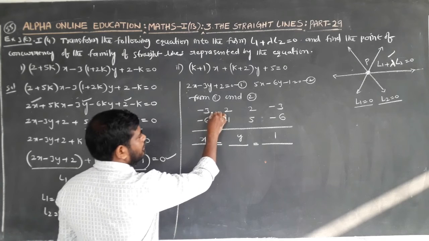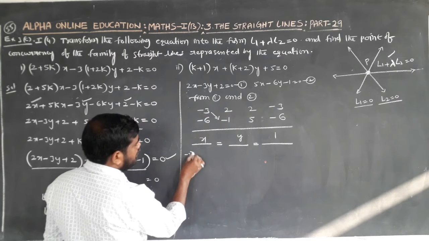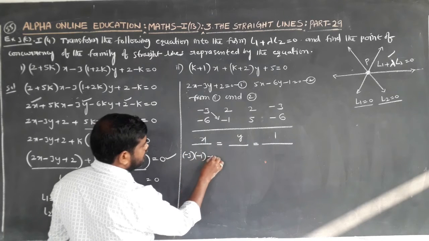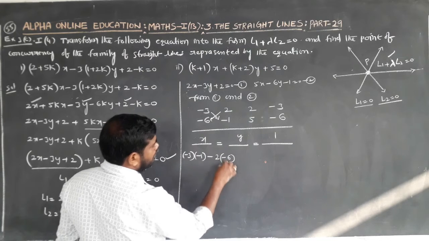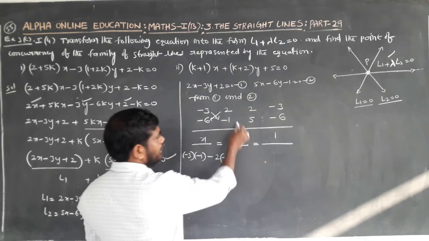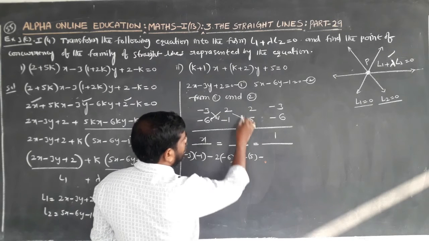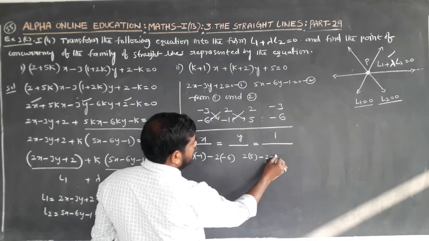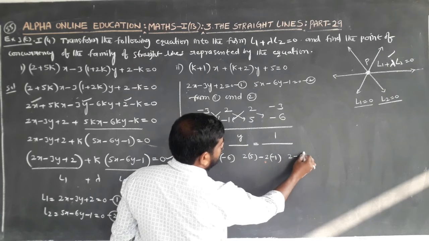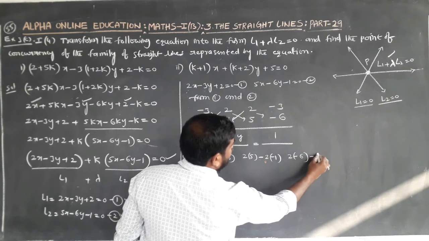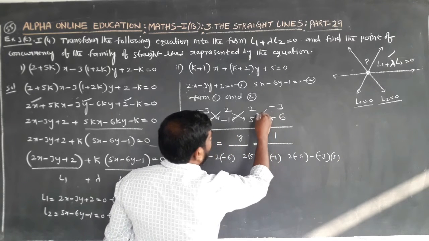This is the determinant of AD minus BC: minus 3 into minus 1 minus 2 into minus 6. Next, AD: 2 into 5 minus 2 into minus 1. Then AD: 2 into minus 6 minus minus 3 into 5.